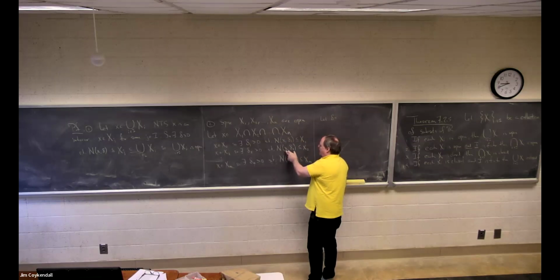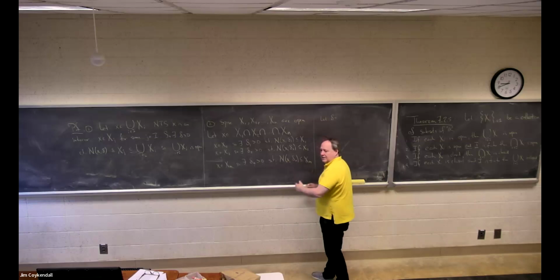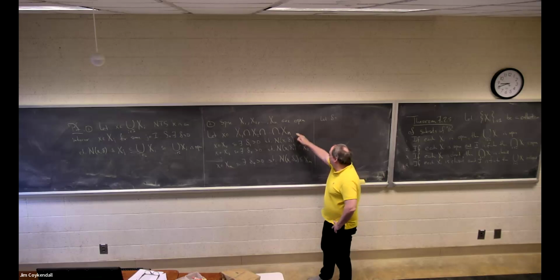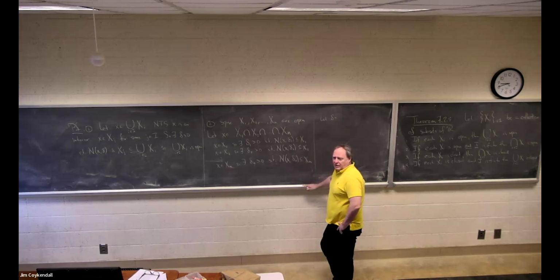Maybe this is a fourth. A neighborhood of 1/4 fits you also in X2. Maybe this is 1/10. A neighborhood of 1/10 fits you into X10. How can I make this fit inside all of them simultaneously? I choose delta sagaciously so that I can fit a neighborhood about x inside all these simultaneously, not just one.